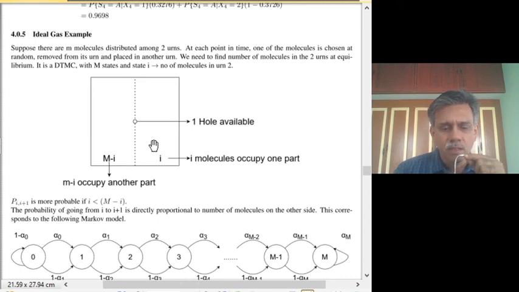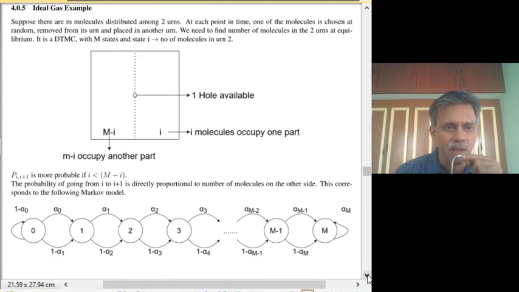Further, in the next time step, which way the molecule will go, or may not go, is independent of what happened previously, and therefore we invoke the Markov chain property. So it is very similar to a Markov chain of this kind.